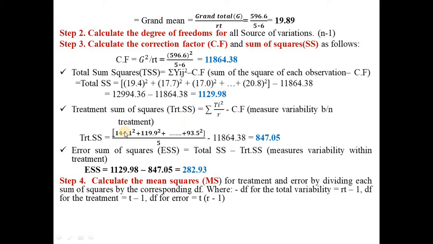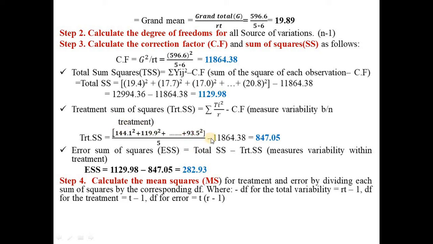In order to see this, the treatment sum square value is equal to squaring the first treatment A total, that means 144.1 square, plus treatment 2 or treatment B total square value, that means 119.2 square, plus the sixth treatment or treatment F, that means 93.5 square value.